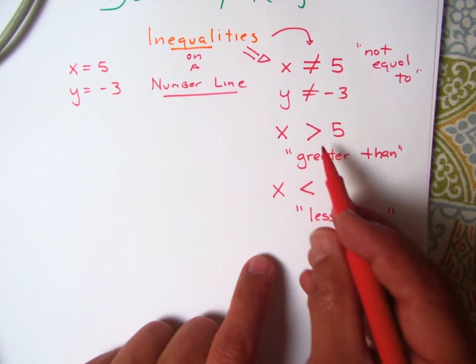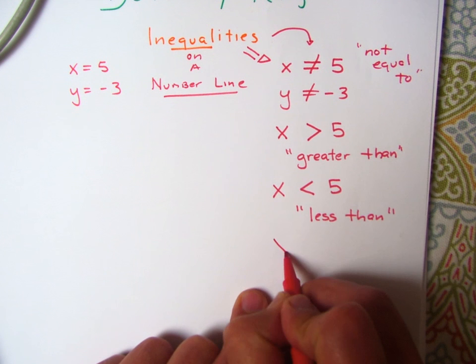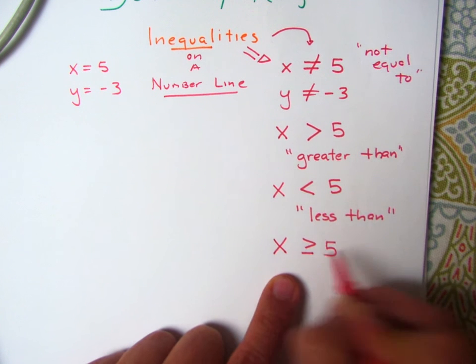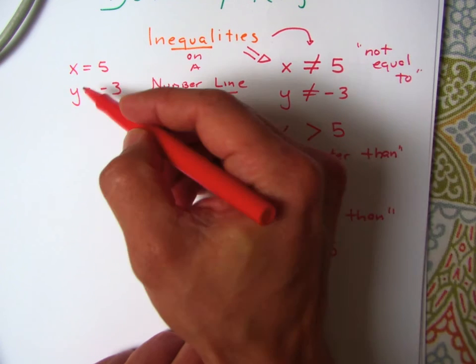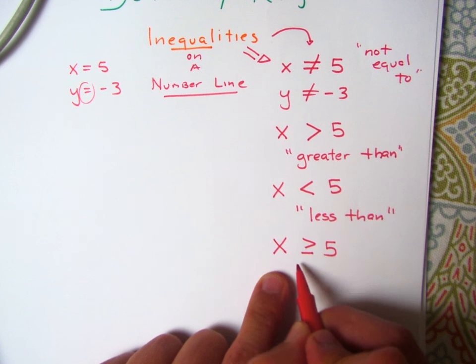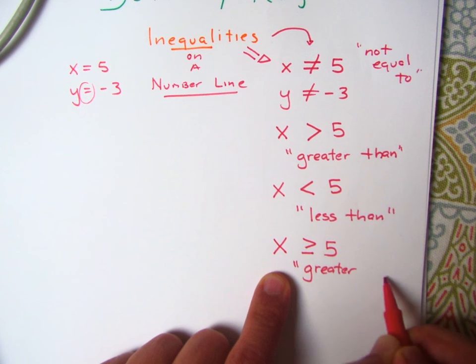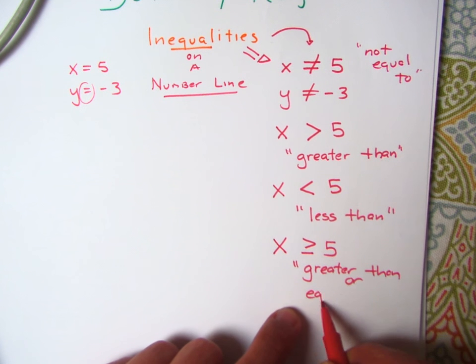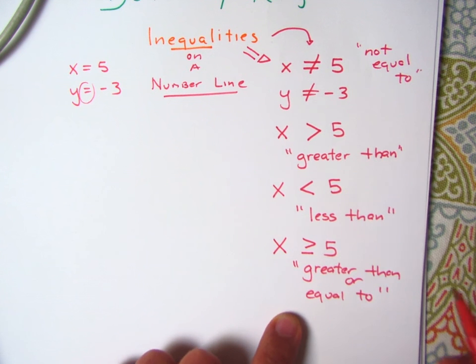All right, so now the next one is called greater than. What about this one here? This little line is the same as the equal sign. So that means it's greater than or equal to.